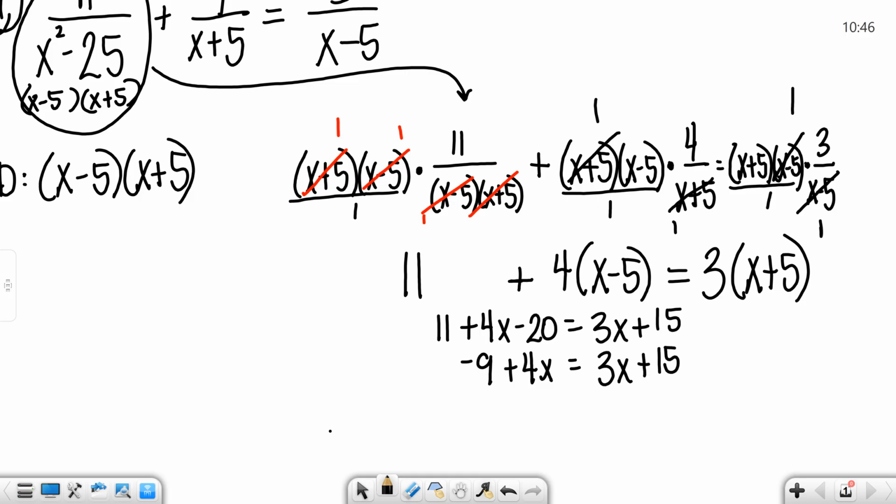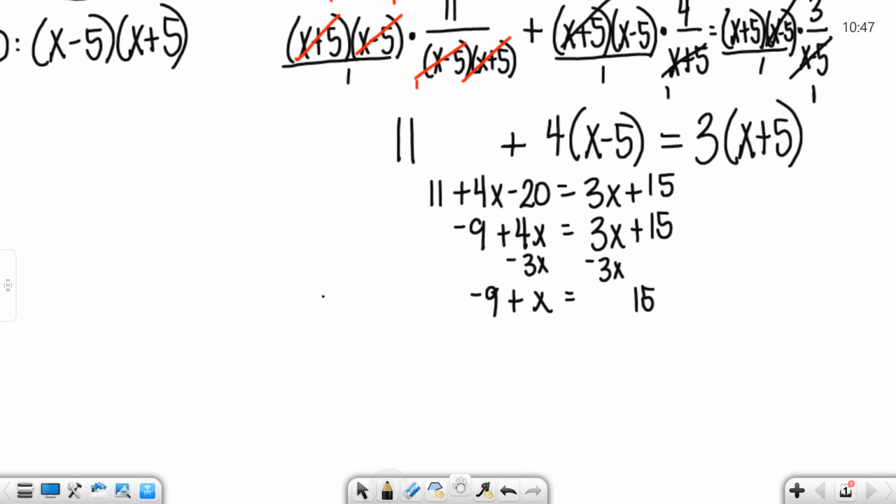You always simplify before you move things around. I'm going to subtract 3x. So negative 9 plus x is 15. And then I'm going to add 9. I know some of you like to do 2 steps at once. Keeps me from messing up. X is equal to 24.